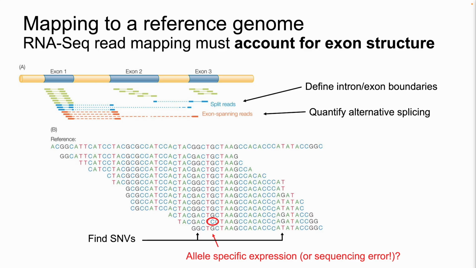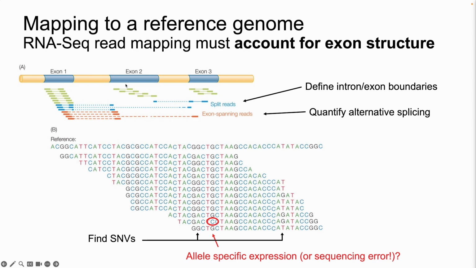So this is the schematic of what's happening and why RNA-seq mapping is a little different than genome mapping, because you have to be sort of exon aware. For example, this is our reference genome up at the top, but we're not sampling from the genome, we're sampling from the transcripts.